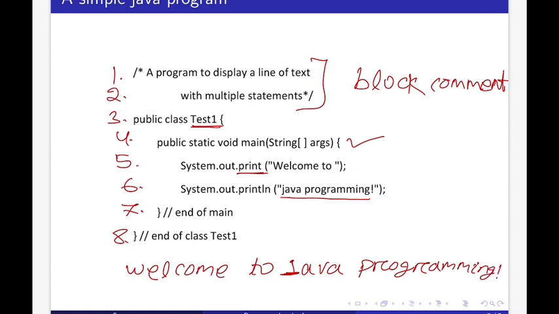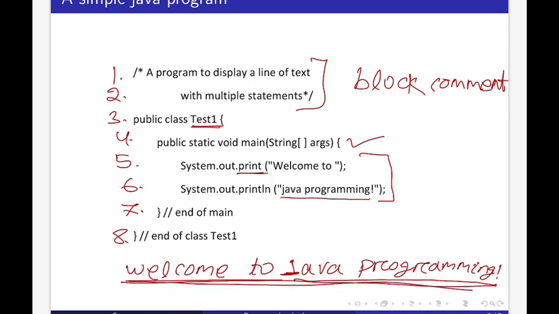So you can observe that the statement 5 and 6, system.out.print welcome to prints this one, then system.out.println Java programming prints this one, and both the statements 5 and 6 print the text in one line. So this welcome to Java programming is on a single line.